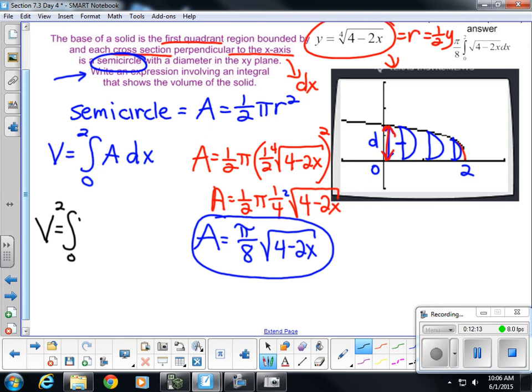Now, I could write pi over 8 on the outside of the integral or the inside, either one. And this is the square root of 4 minus 2x dx. We've already squared it. That's our area, and that should be our volume. If you did actually calculate this out, you should get 1.047. And that concludes our cross sections.